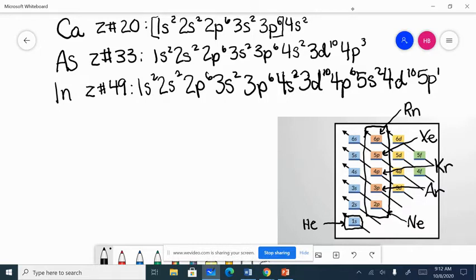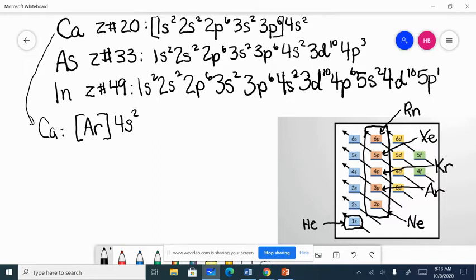So how I can do the abbreviated configuration for calcium is to put the core in brackets and then put the outer shell electrons outside of it. This makes it a lot quicker. We can double check ourselves.